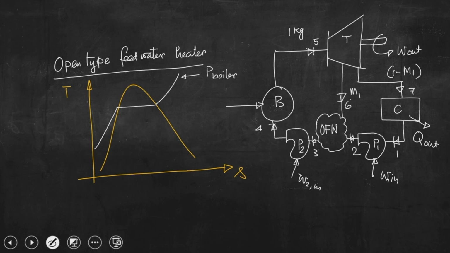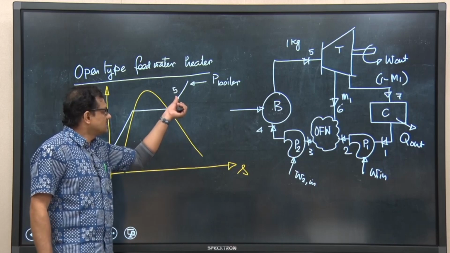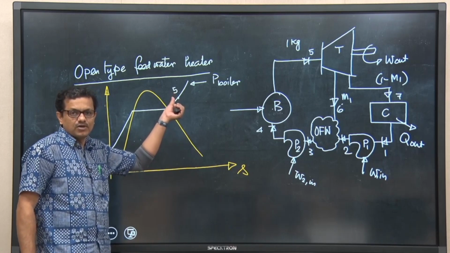Say this is 3, this is 5. When we draw the TS diagram, we should look at the schematic depiction. You should not memorize, otherwise you will make mistakes while drawing the TS diagram. So, this is the state point 5.